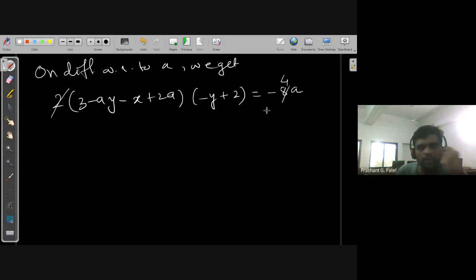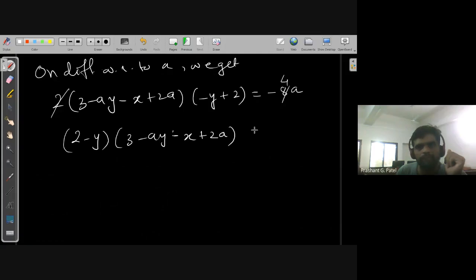And if you simplify this one, we'll have the value of a actually. So this gives me (2 minus y) into (z minus ay minus x plus 2a) is equal to minus 4a.